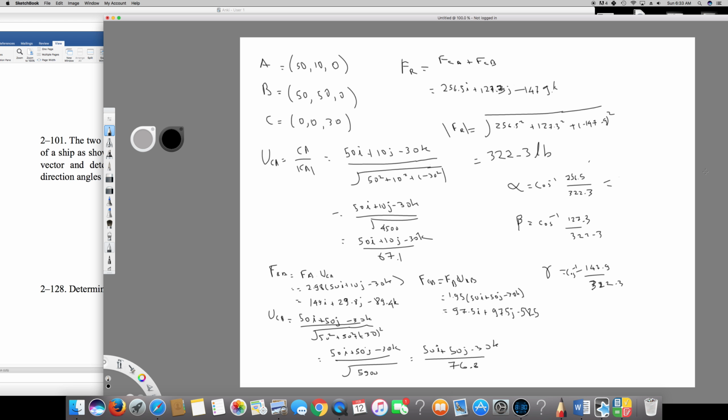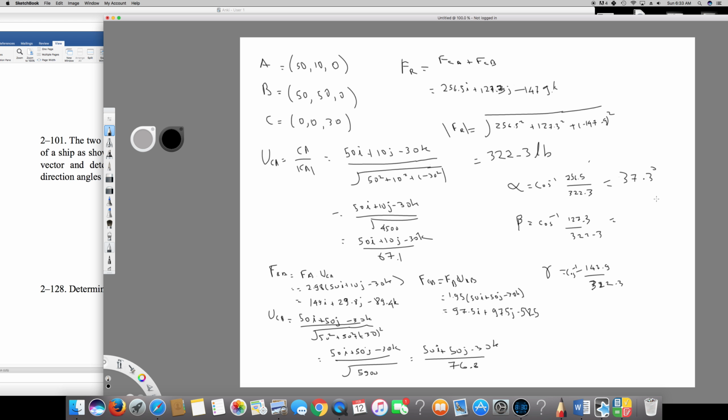So let's find each value. Cos inverse of 256.5 divided by 322.3 is equal to 37.3 degrees.